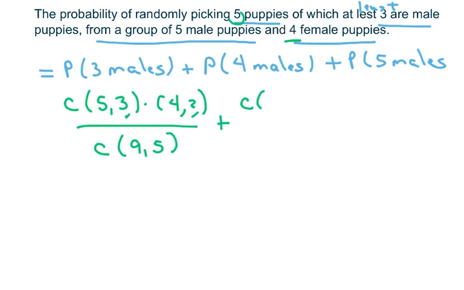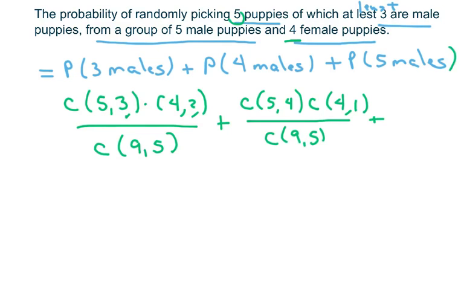So from the 5 males, we're choosing 4. That means the other one from the 4 females has to be 1. And that's still C, 9, 5. And the 5 males will just be C, 5, 5. You don't have to put the 5, 0, because that just equals 1. So it's going to be C, 9, 5.